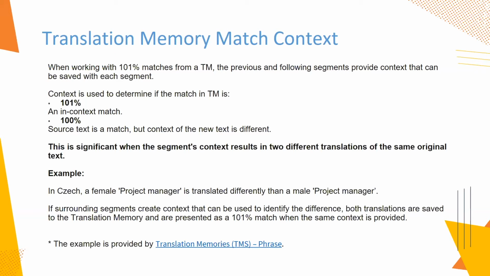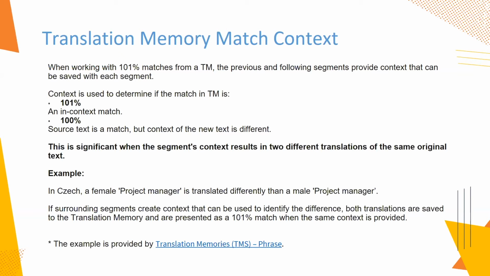The source text is a match, but the context of it will be different. It's a new context with the same source text. This slight difference will be significant when the segment's context results in two different translations of the same source text.